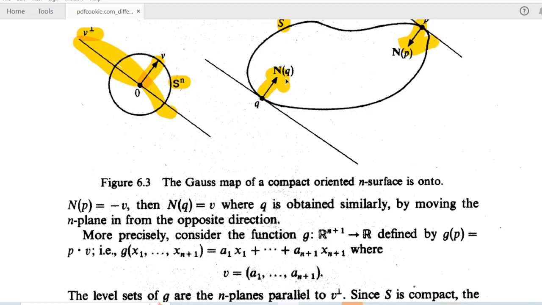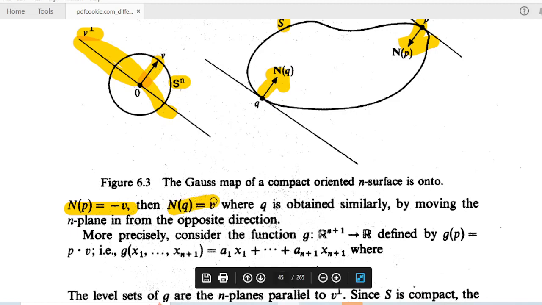If it is upward, it is positive. If you are moving this unit vector along the surface, in the opposite direction it will be minus v. So we can say at the point p, N of p equals minus v. At the point q, N of q equals v.